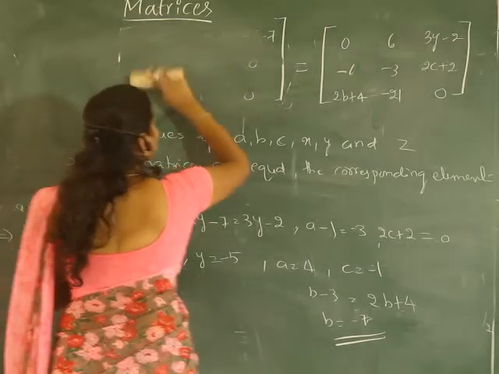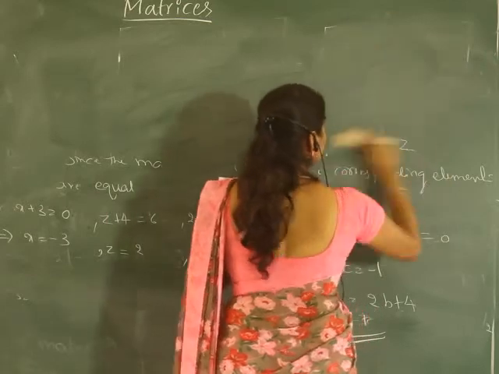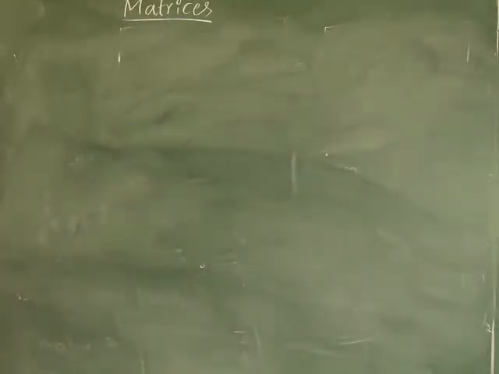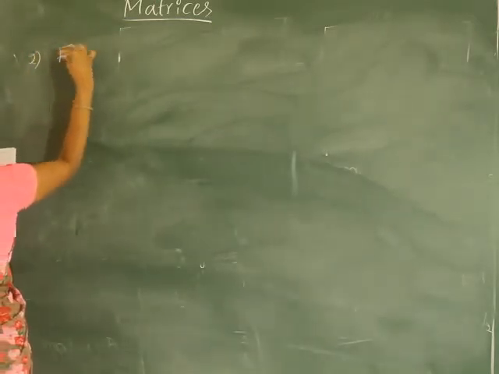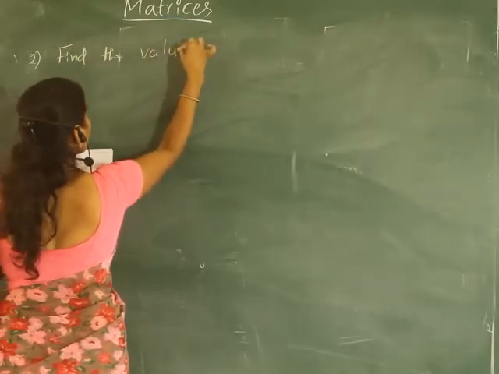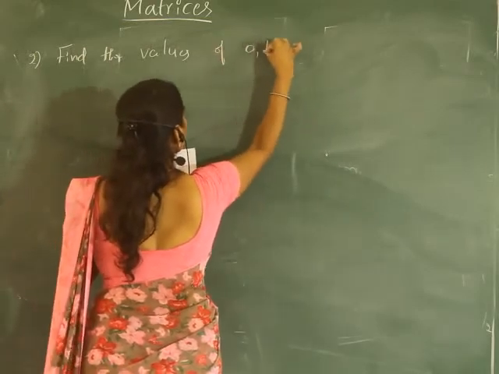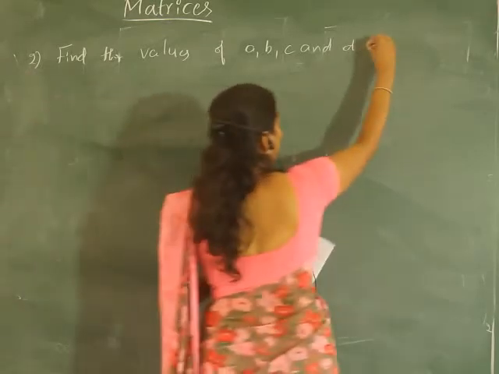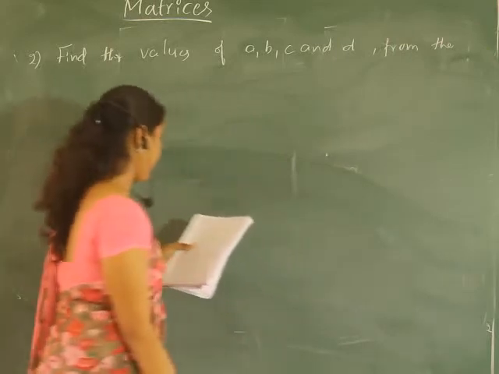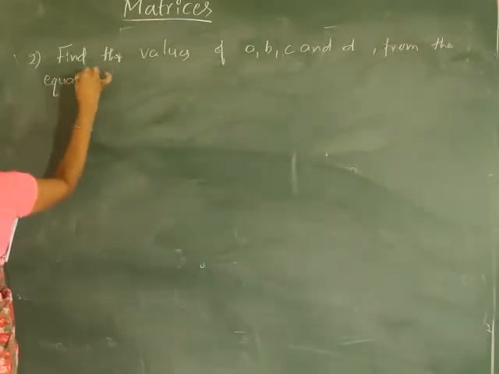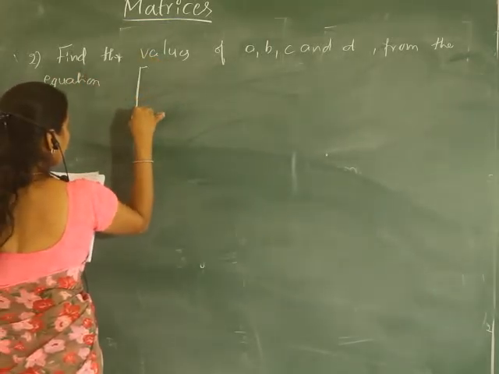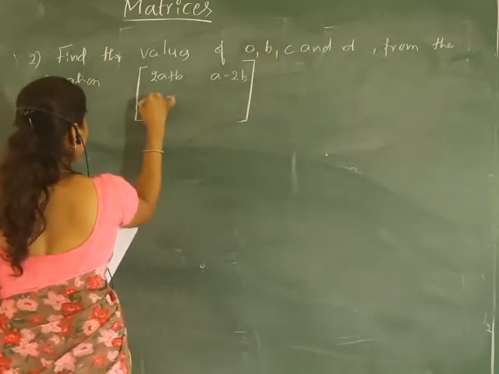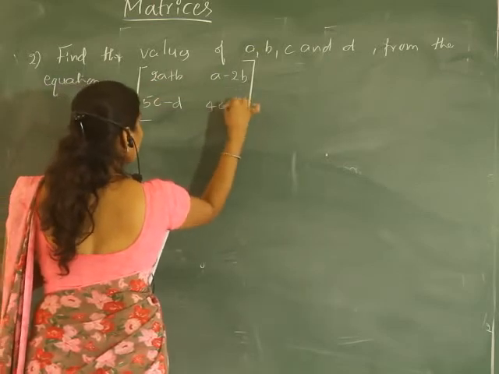is to find the values of A, B, C and D from the equation that is given in terms of matrix: 2A plus B, A minus 2B, 5C minus D, 4C plus 3D.